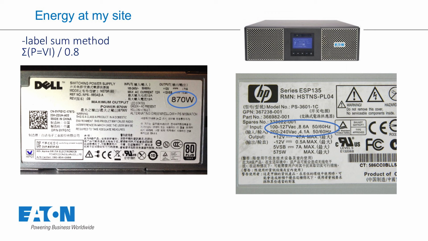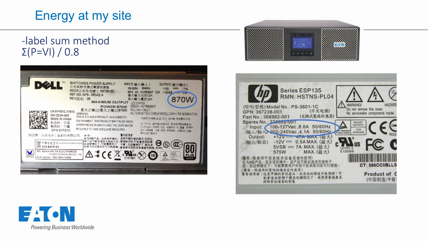If you don't see the wattage itself, the labels in the back or on the side of the equipment show the input-output voltages and the amperage that it will consume at that voltage. With this information and the formula you see here with the label sum method, you calculate power, voltage times current.